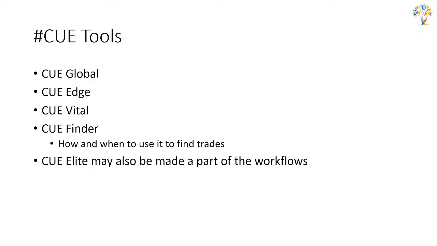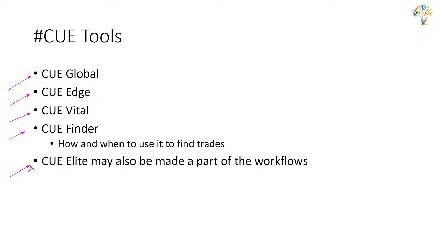The tools that are going to be used in this presentation for the workflows are Q Global for charting and scanning, Q Edge for sector industry rotation analysis, Q Vital for fundamental analysis, and Q Finder for finding technical setups.